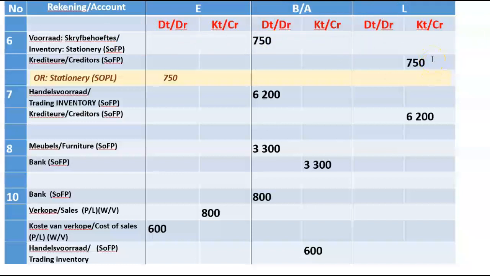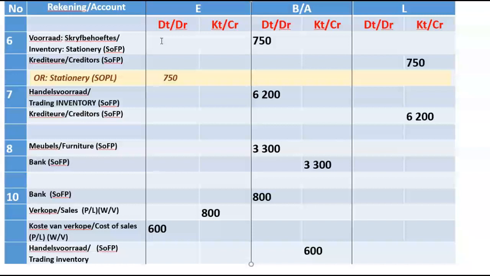We could have, and listen now carefully to me, we could have put that 750 Rand not as an asset but as a stationery expense account. And we could have put that 750 Rand on the debit side of the equity account as well. You will see in the question at the end of the month we're going to take a stock take of stationery.